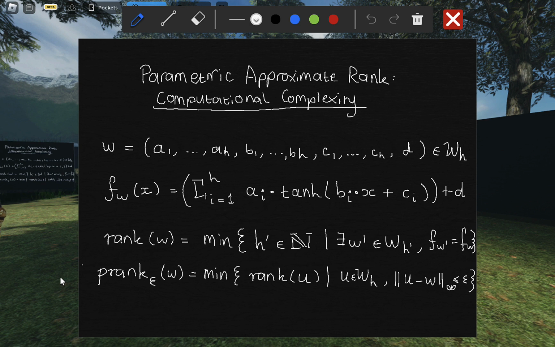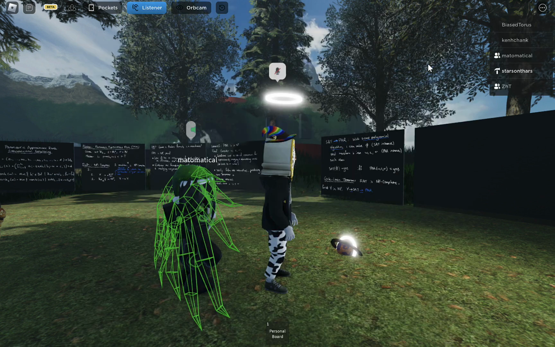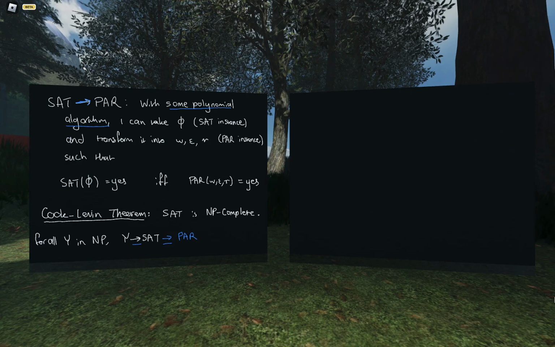And this reduction is actually transitive because you can just compose the polynomial algorithms and you'll get a new polynomial algorithm. So if you combine this Cook-Levin theorem with a reduction from SAT to PAR, then we don't have to worry about all of the other problems, because you could transform from any of those into an instance of PAR by first transforming into a SAT instance and then transforming that SAT instance into a PAR instance.